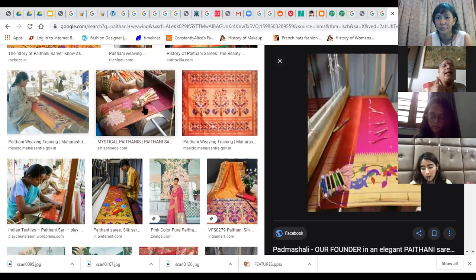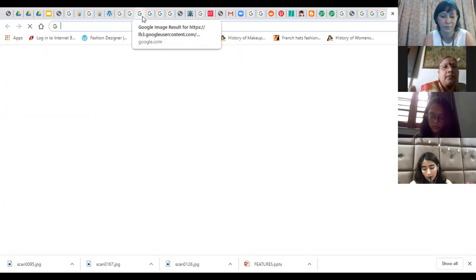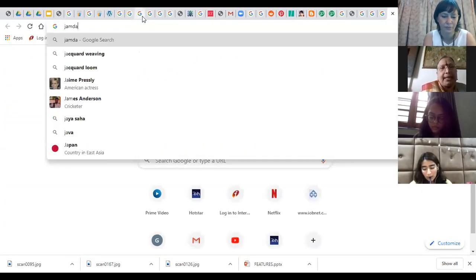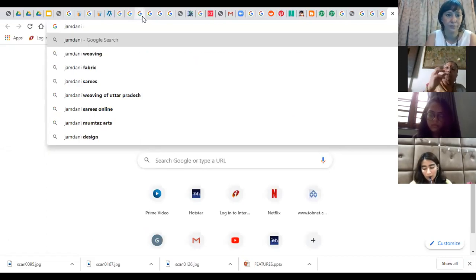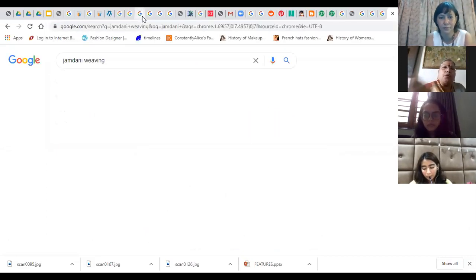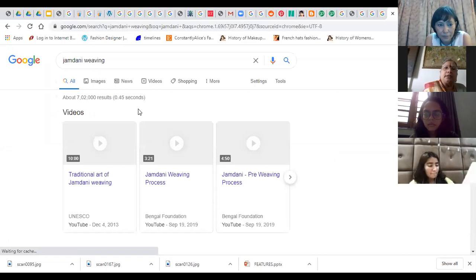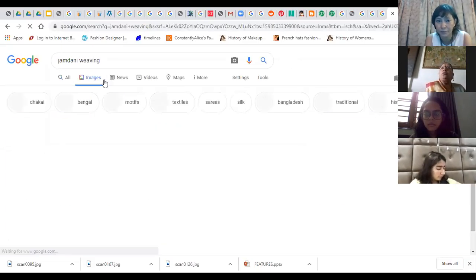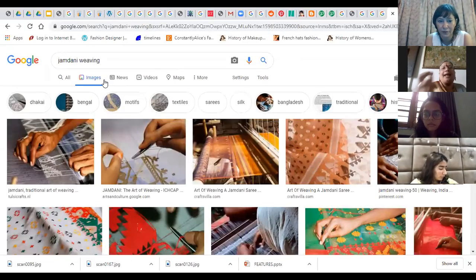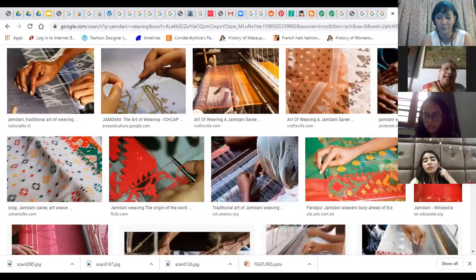One is Tanda Jamdani, which is extremely delicate and extremely finely woven. If you are talking about the price range, each Jamdani will be costing somewhere from 60,000 onwards to maybe 3-4 lakhs also.